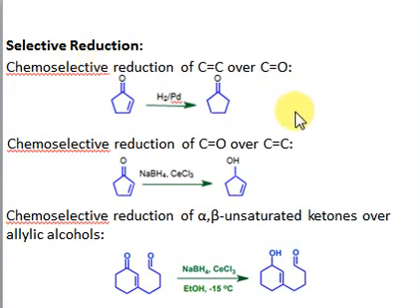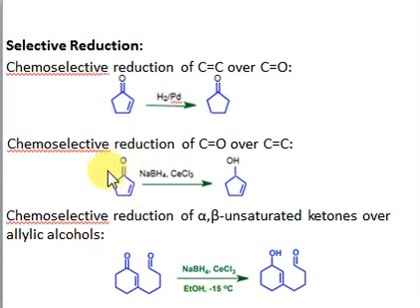So we will get a 5-member ring with an alcohol, and the double bond will be retained. So this reagent can carry out both types of reductions, but this product will be major. So this reagent is preferring the reduction of carbon-carbon double bonds. This is an example of selectivity when two functional groups are different.